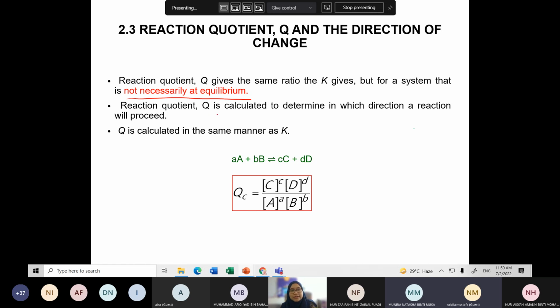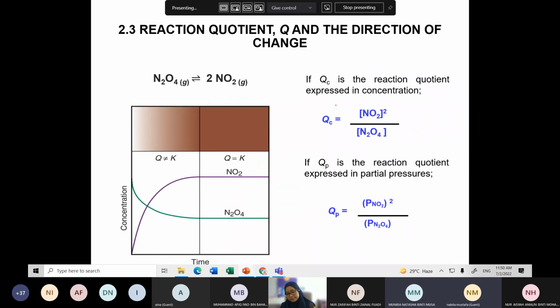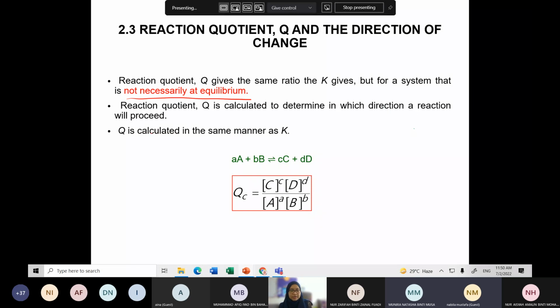Okay? So basically QC is calculated to determine in which direction a reaction will proceed. So QC tu dia bagi kita indicator that reaction ni akan proceed ke mana? Ke kanan ke, pergi ke produk ke ataupun ke reactant. Kalau belum at equilibrium, it gives us an indication on what the reaction will favor at that particular time.